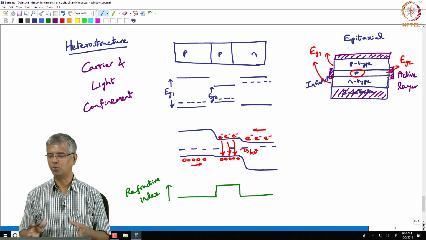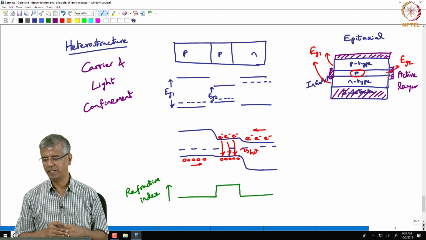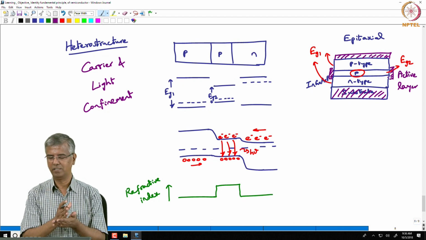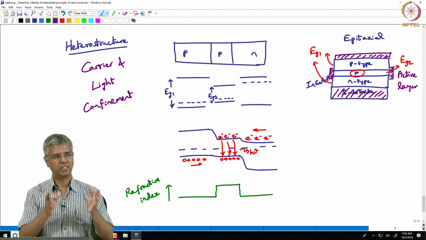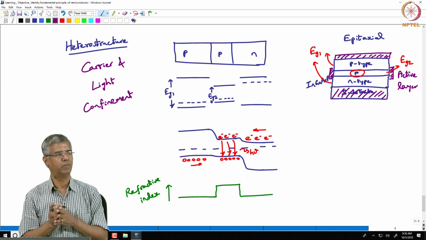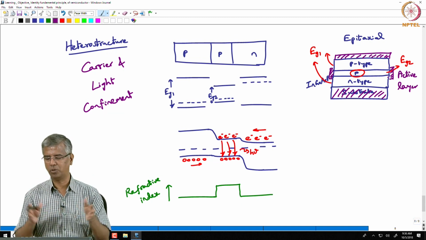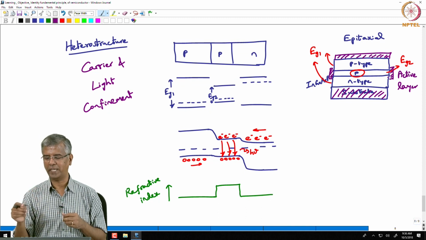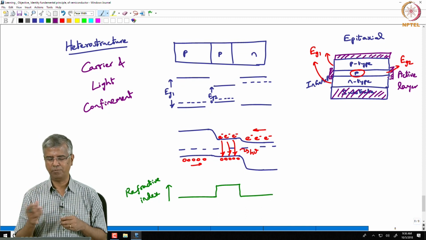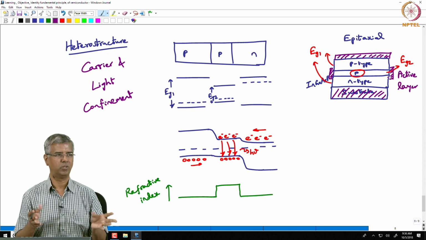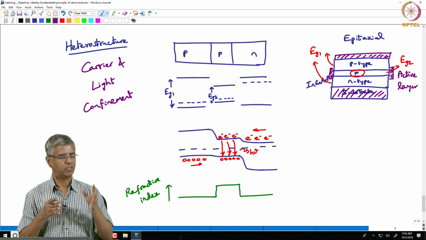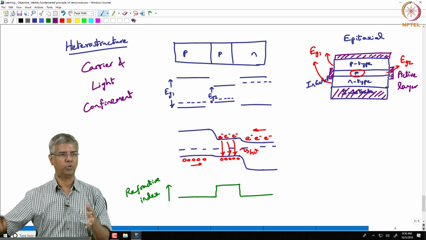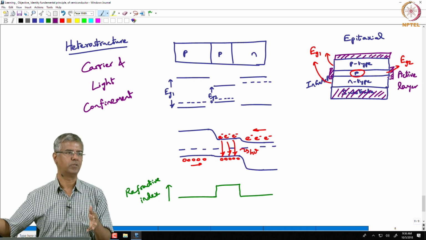You get thousands of these together, and when you dice it, you are essentially making a flat cleave on both ends of this material, and the refractive index of the material, if you talk about gallium arsenide, is about 3.4. So it's 3.4 in the material and 1 outside, air outside.